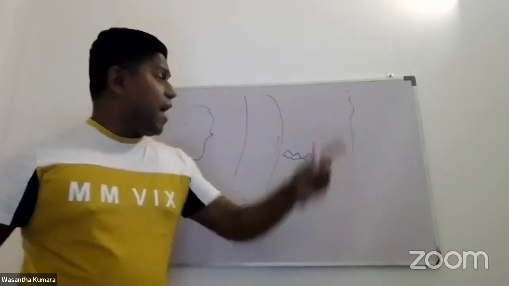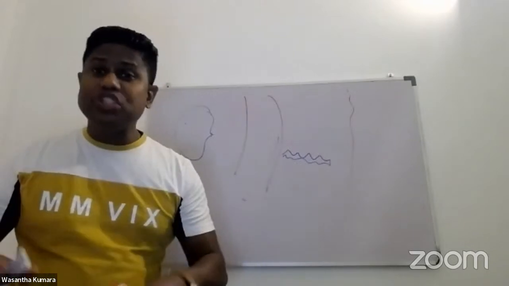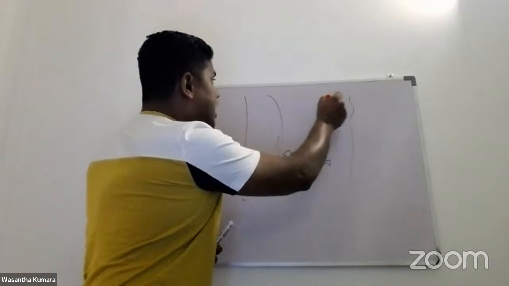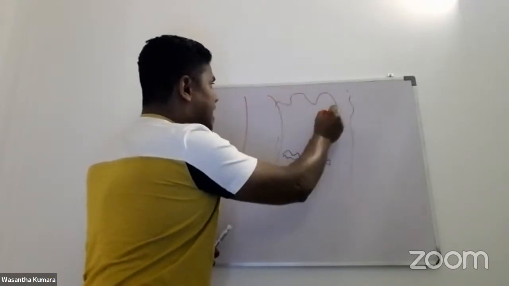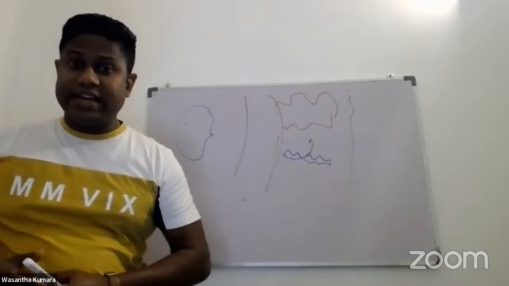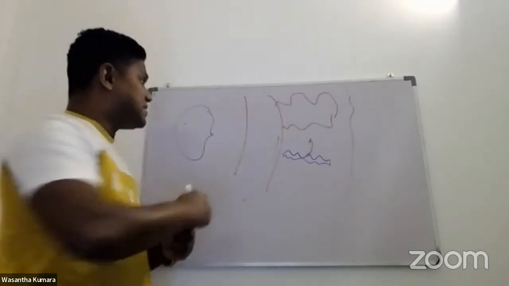Okay, so having these high resistance vessels, you can't do that. So you need to convert these high resistance vessels into low resistance dilated vessels like this. This is done by the placenta.